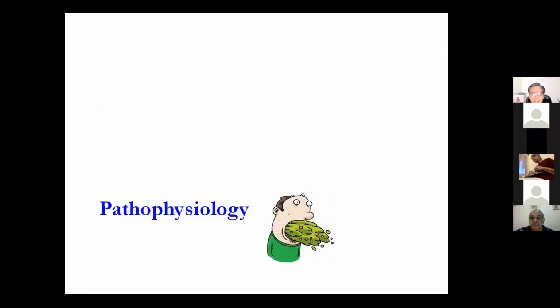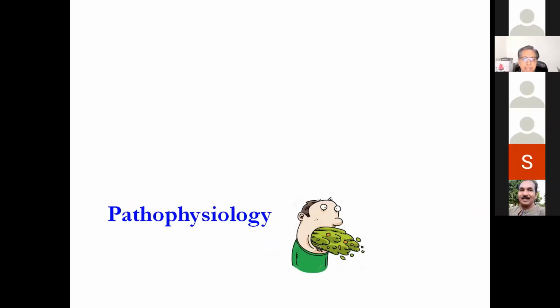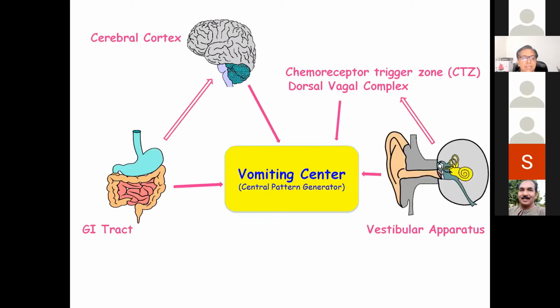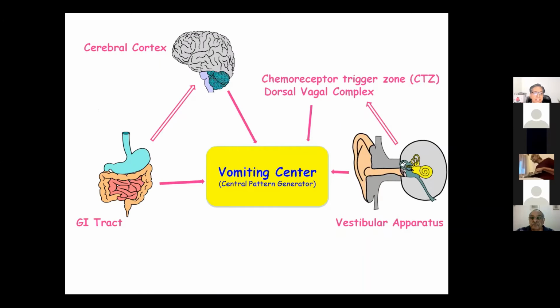Before we proceed further, let's see the pathophysiology, that is, why this nausea and vomiting happens and what are the factors that control the occurrence of nausea and vomiting when a patient is being managed in the palliative care setting. Now, these are the 5 areas wherein the integration happens for occurrence of nausea and vomiting. The stimulus could be from the cerebral cortex, or it could be the GI tract.